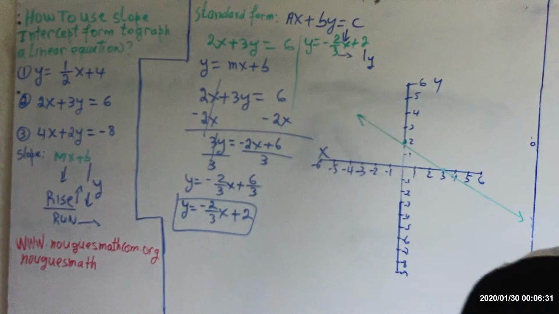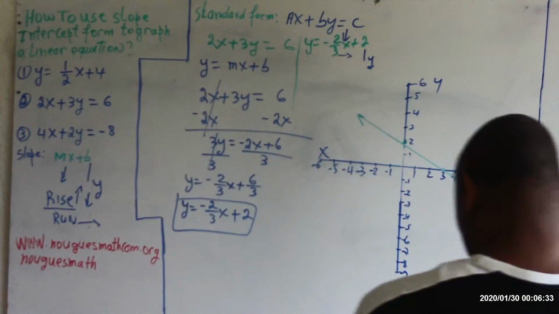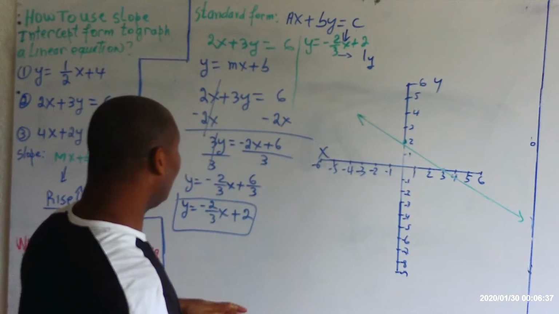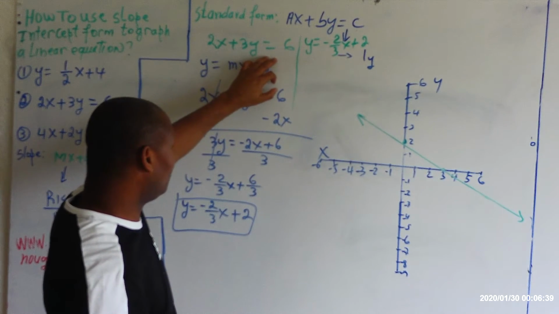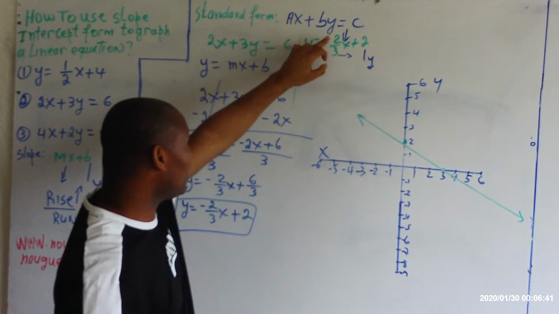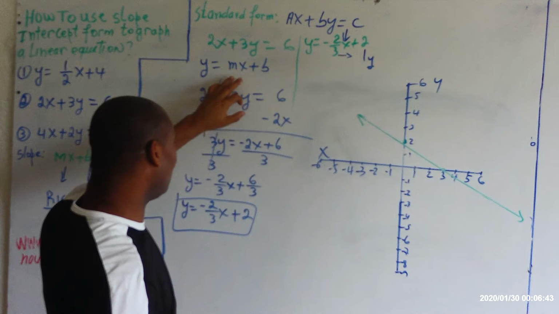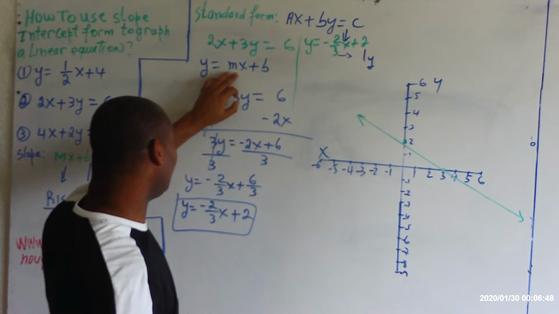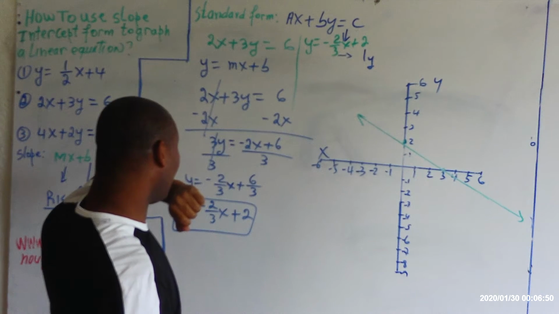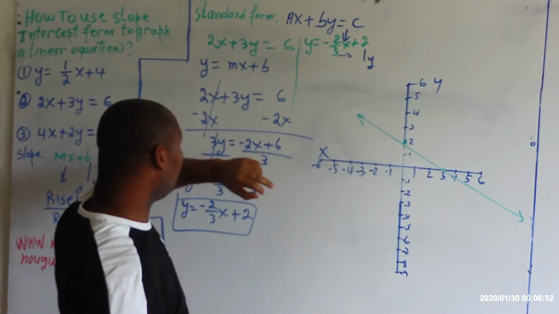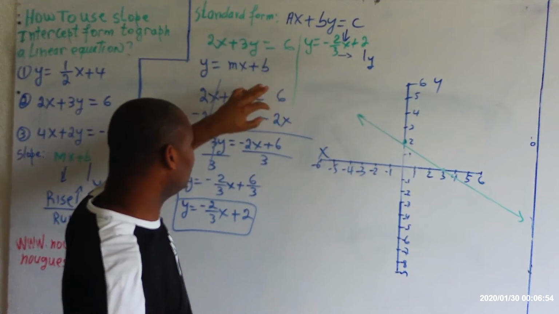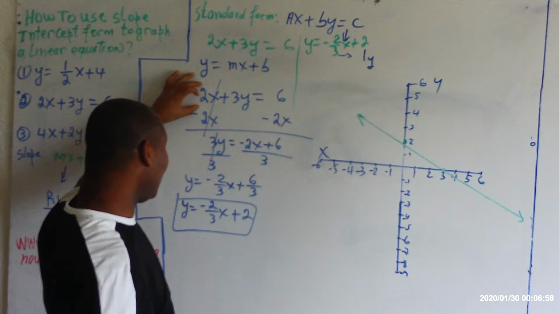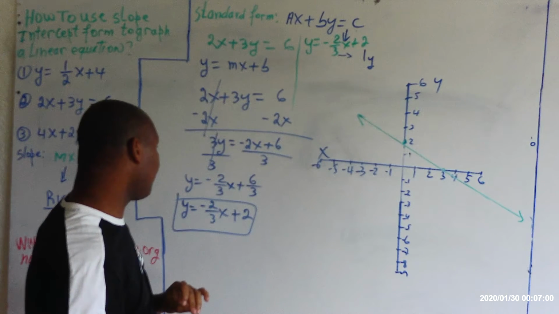So the only thing you have to remember is to transform the standard form, which is ax plus by equals c, into slope form. The slope form is y equals mx plus b. To do that, you subtract 2x from both sides.